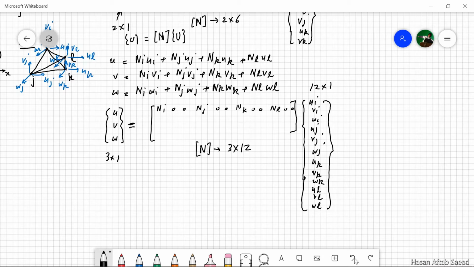Now in v, this will shift to the right, so 0 ni 0, 0 nj 0, 0 nk 0, 0 nl 0. For w, this is 0 0 ni, 0 0 nj, 0 0 nk, 0 0 nl. Now this expression is equivalent to the above 3 equations.